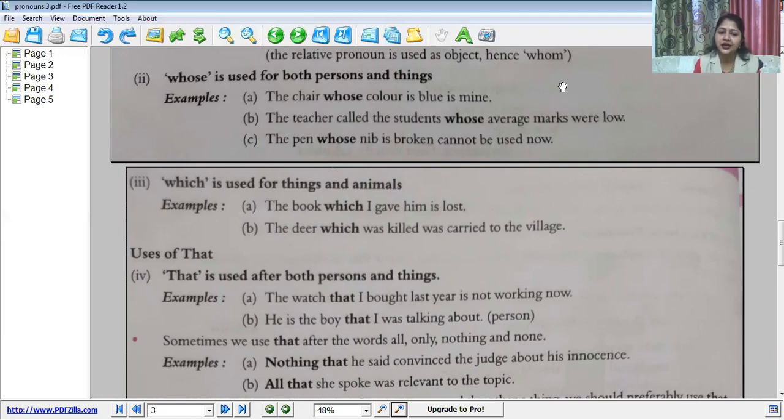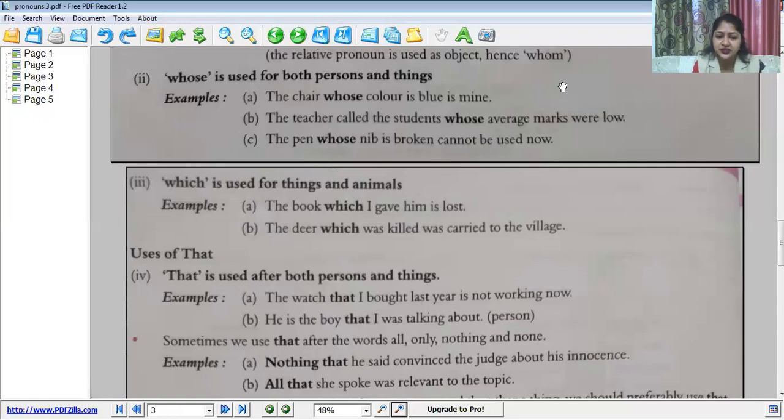But again, here it's not a compulsion. You will not say the watch whose I bought last year. You're indicating something, so you will use that. He is the boy whose I was talking about. You cannot use whose here, which is again used for both persons and things. What you will use is that. Again, you're indicating, telling about that person. He is the boy that I was talking about.